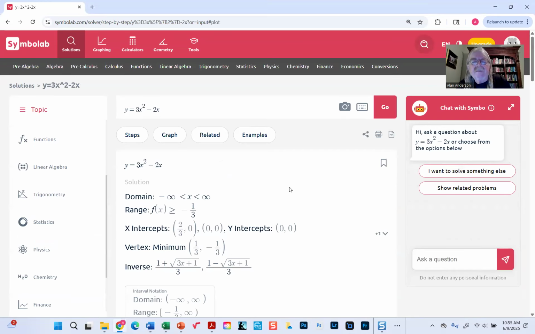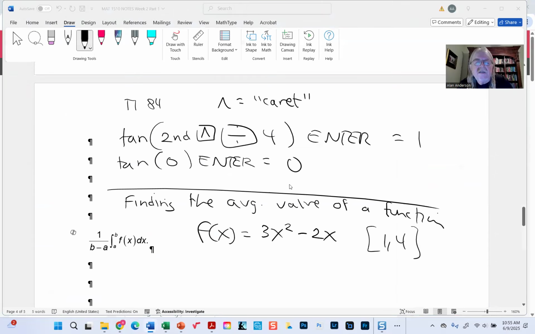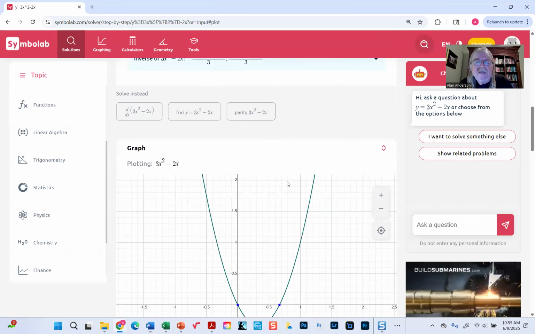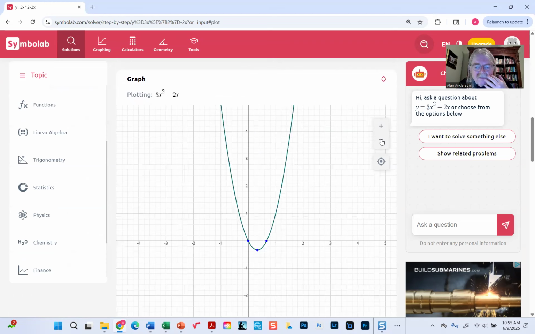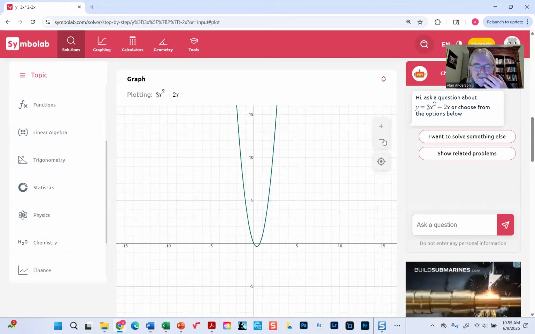You notice here that it's a nice looking graph, but 4 is way out here somewhere. So in other words, the value of this function when x equals 4 must be quite large. So I guess we could zoom in on it.